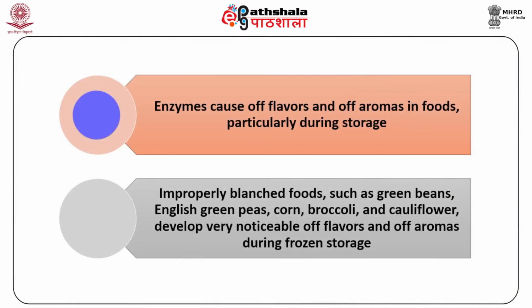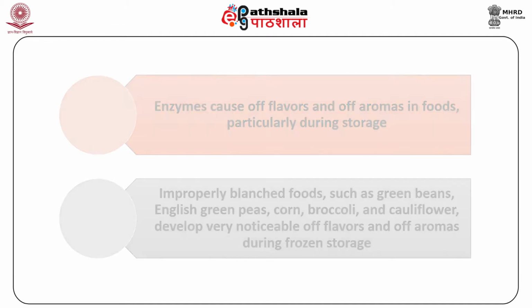Enzymes cause off flavors and off aromas in foods, particularly during storage. Improperly blanched foods such as green beans, English green peas, corn, broccoli and cauliflower develop very noticeable off flavors and off aromas during frozen storage.